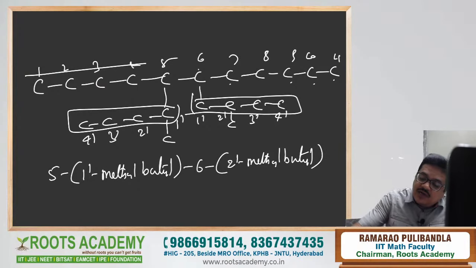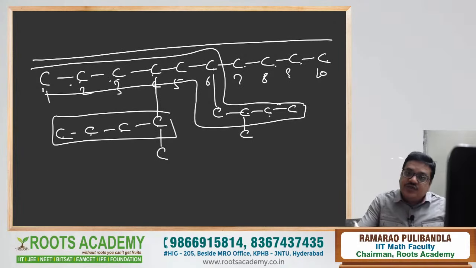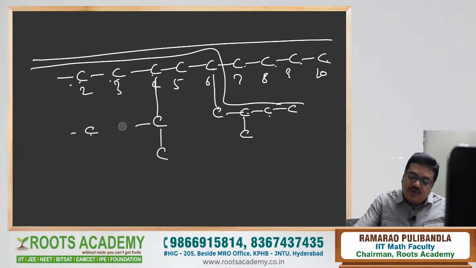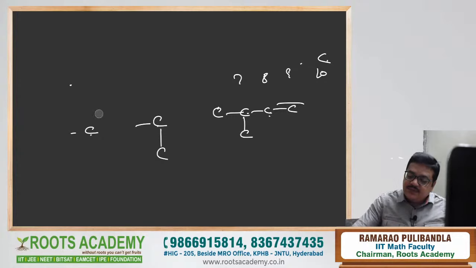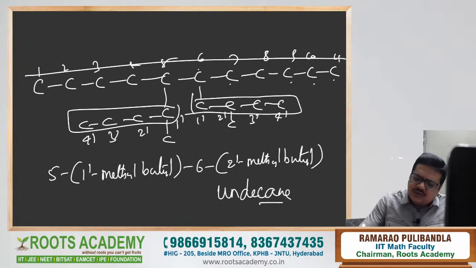So 11 carbons, undecane. Here I just confused this compound, so I want to remove this content, because I didn't memorize the actual formula for this pattern. This is okay. Like this we have to write the nomenclature.